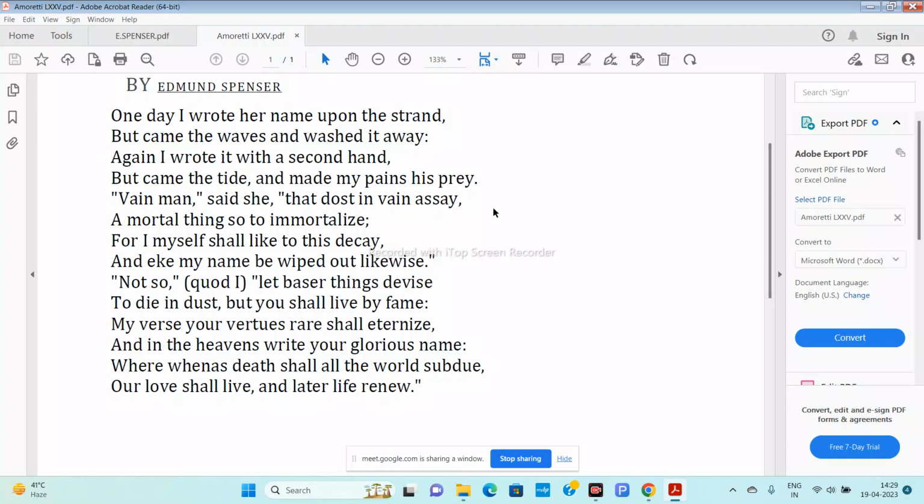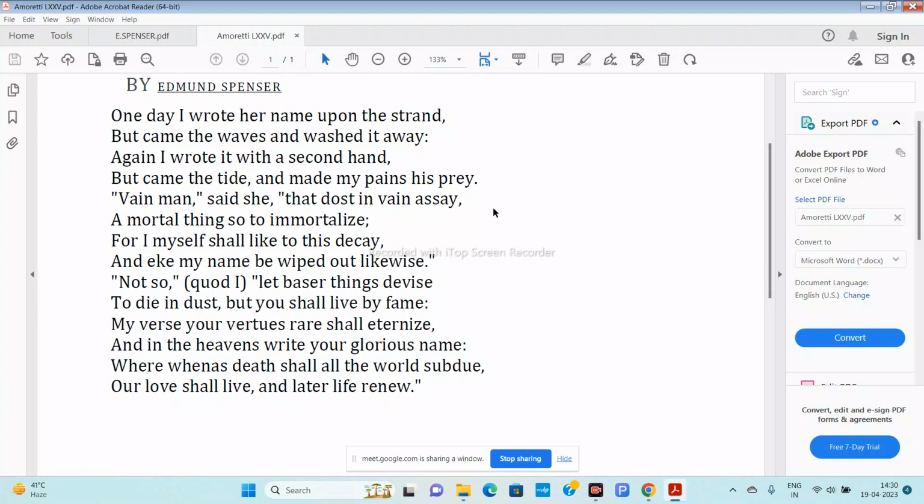But something will survive. And what is that? What will survive even after death? And that is their love. The love that they have for each other, that is going to survive, that is going to live on. And it will be renewed each time my poem, as Spenser says here, is being read and appreciated by posterity, by people who would come later.